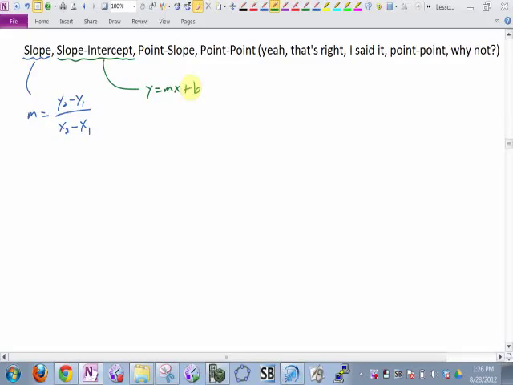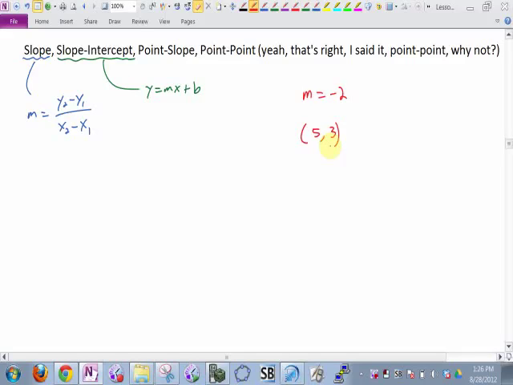Okay? So if I say, what's the equation of a line that has a slope of -2 and goes through the point (5, 3)? Is (5, 3) a y-intercept? No. So therefore, can I use that form of a linear equation? And the answer is actually yes, you still can.